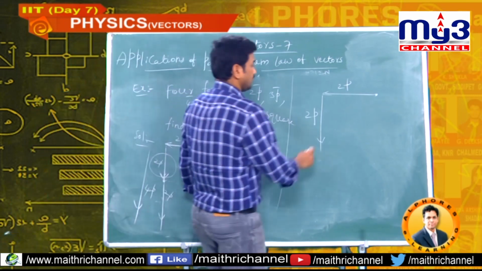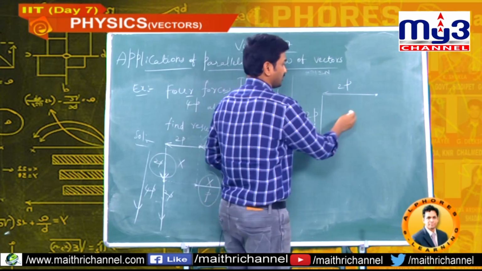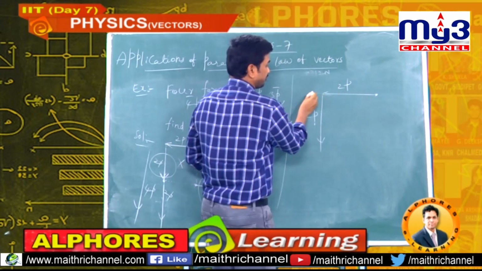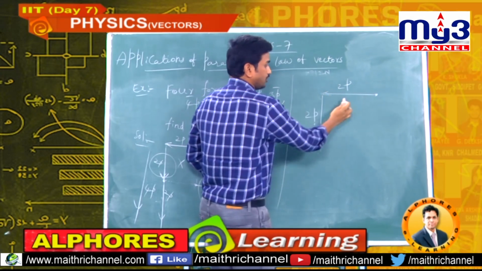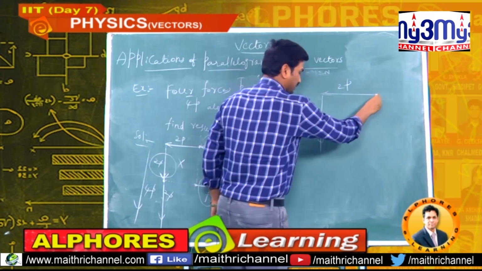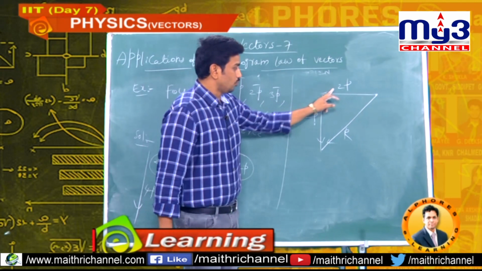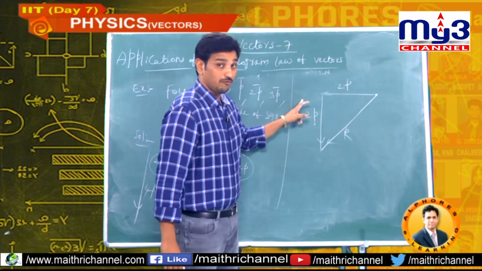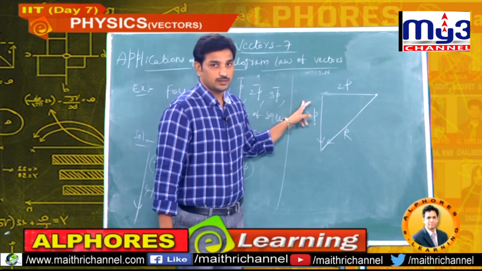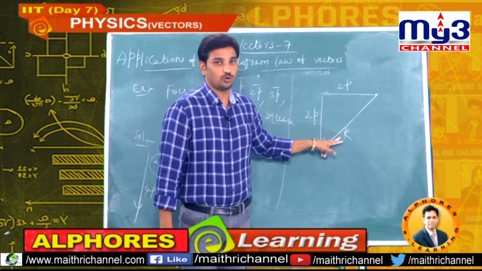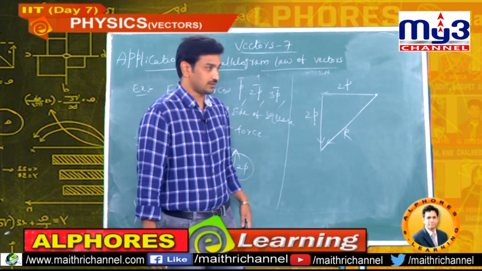Now for these 2P, 2P, what is the angle between the two vectors? 90 degrees, because with parallel shifting, the angle between the two tails is 90. Now for two sides of a triangle, what is the resultant? When two equal forces F are at 90 degrees, the resultant is root 2 F, as we derived in the last two classes.